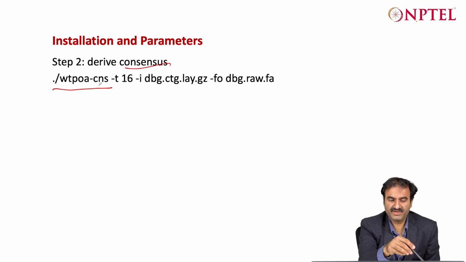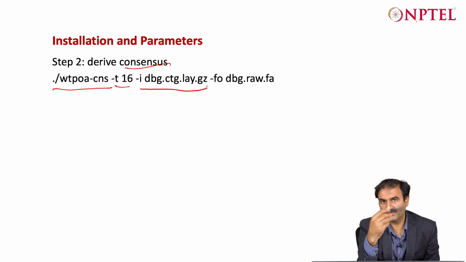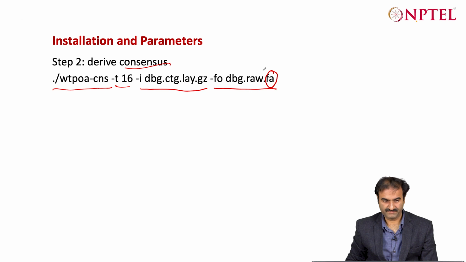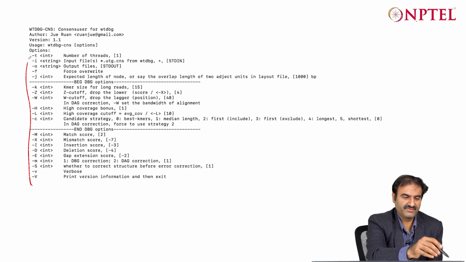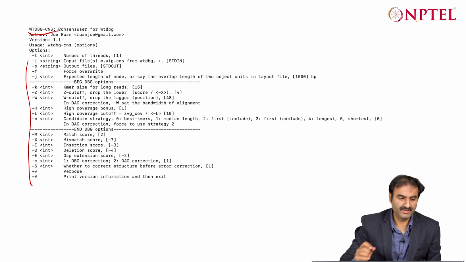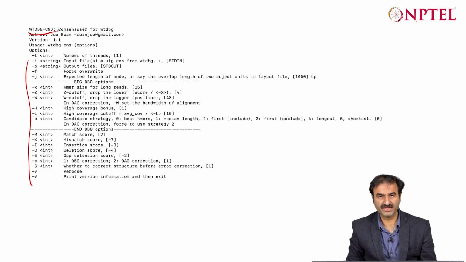This is the command, the number of threads, the input file that you got from the previous step, and the output file, that is the dbg raw.fa, that means the FASTA file or the assembled contig file.